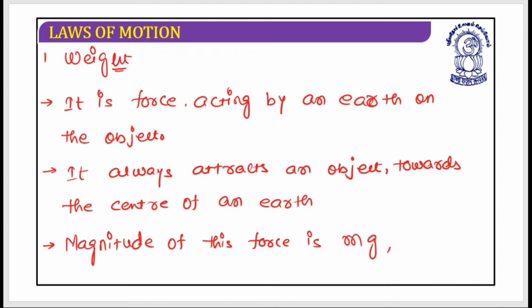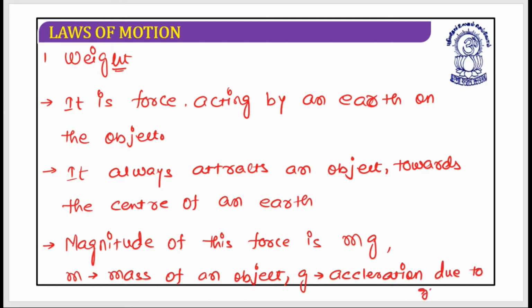m into g, where m is the mass of the object, and g is the acceleration due to gravity.